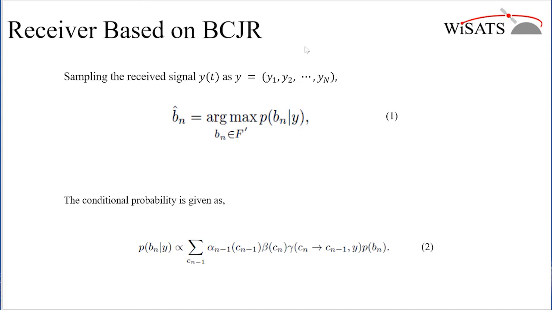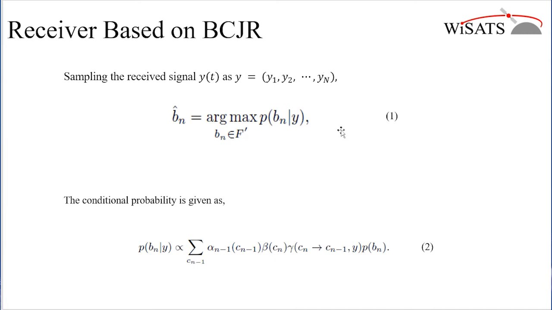Therefore, we assume the SMPSK information sequence is a finite and ergodic state Markov sequence, for which algorithms for maximum a posteriori symbol detection can be derived based on the BCJR algorithm. The transition between two states corresponds to the transmitted symbol Bn.